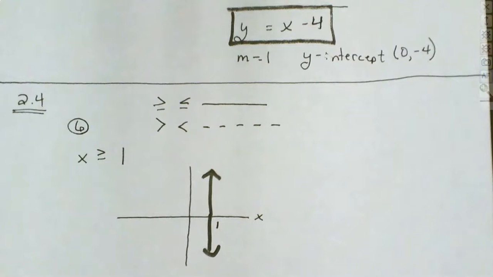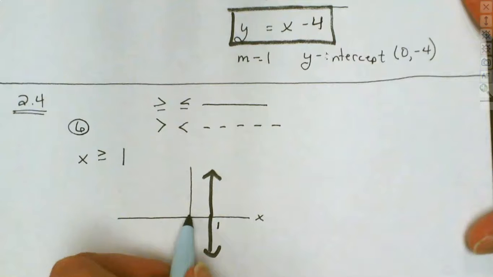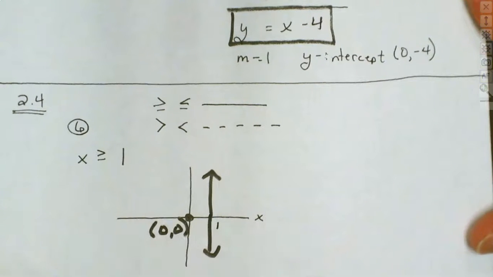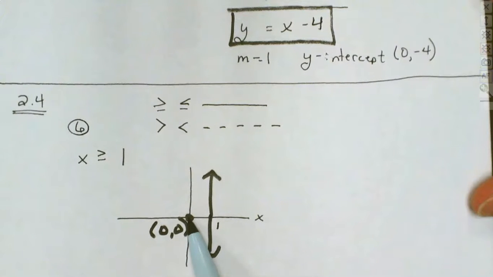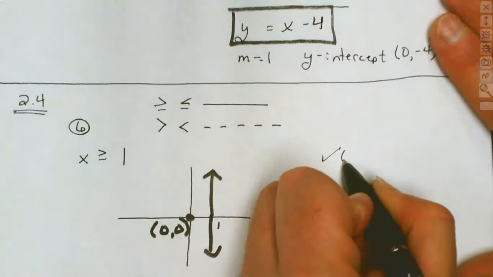Now, it's either going to be shaded to the left of the line or to the right of the line. How do we know which way? We pick a point. Just make sure that you pick a point that you can clearly see where it's at. Now, 0, 0, we can clearly see that it's on the left. So let's check that 0, 0 and see if it's true or false.